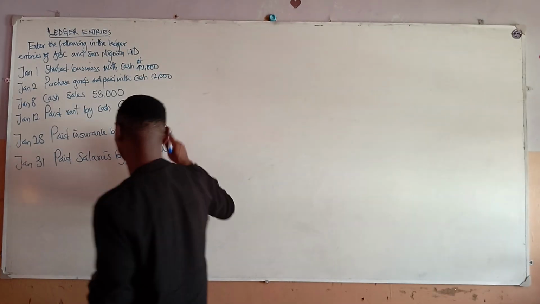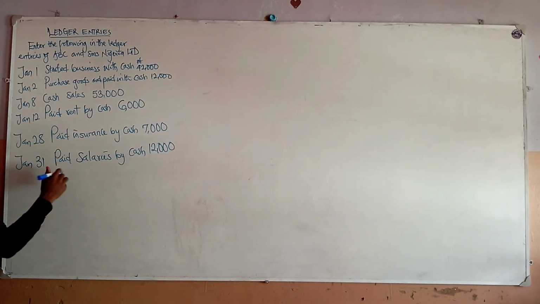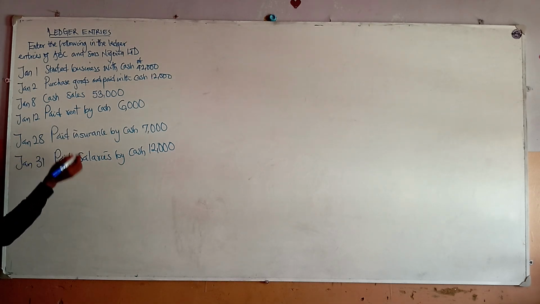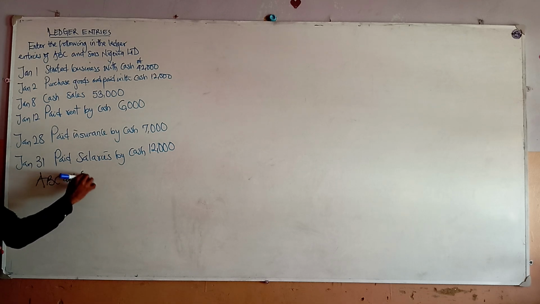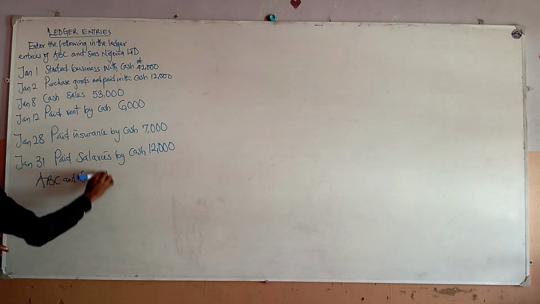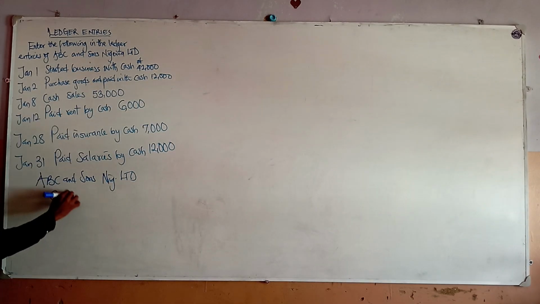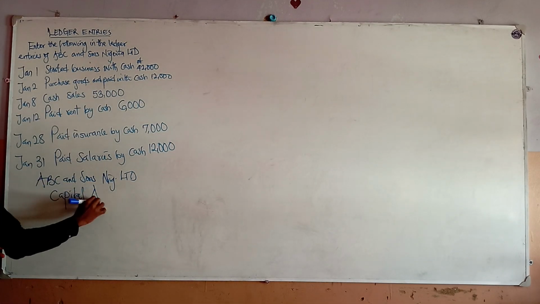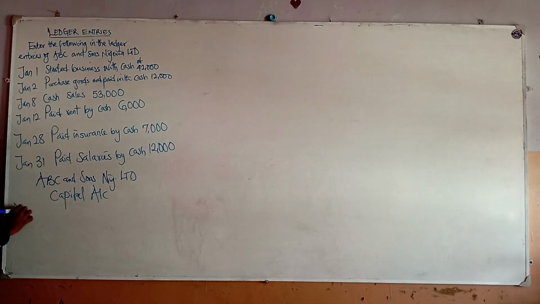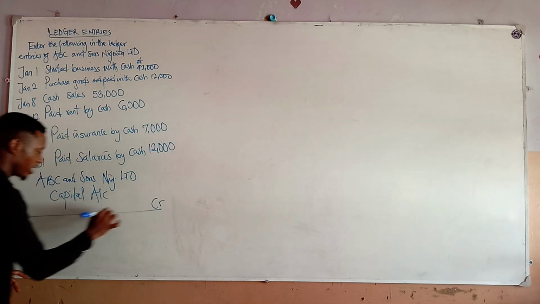Now, let me start with the capital account. I'll just give a general heading, ABC and Sons Nigeria Limited. I'm opening the capital account first. This is my debit side, this is my credit side.